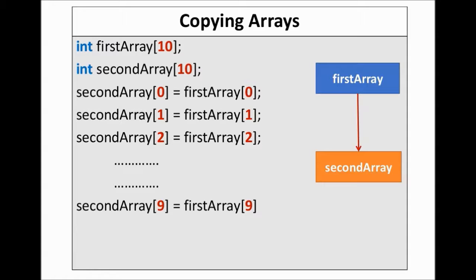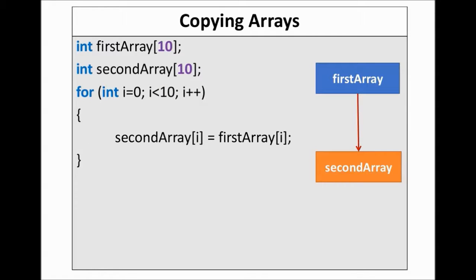It copies the first array 0 index value into the second array at 0 index. Similarly, second array 1, second array 2, second array 9 is equal to first array 9. So each index is copied from the other array index at the same time.